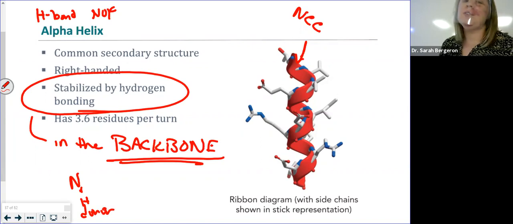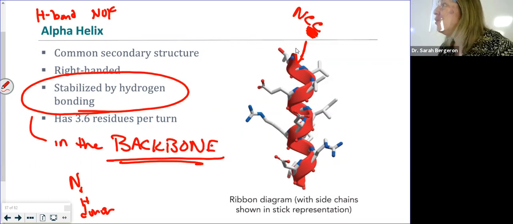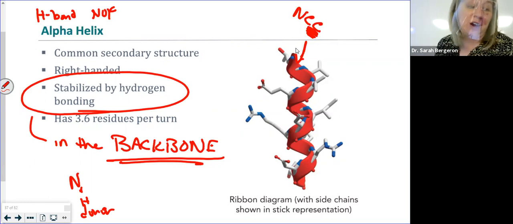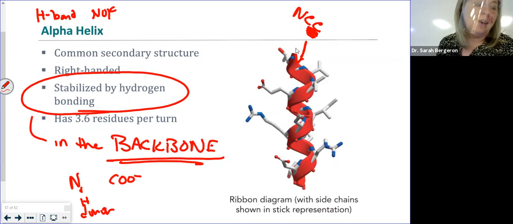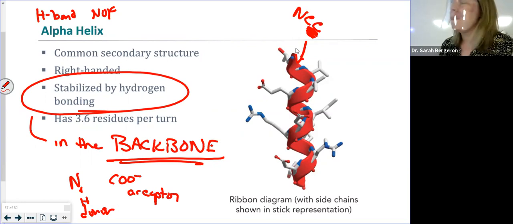Okay, so what can be the acceptor? What's on this carbon? We just say NCC, but that's not all it is, right? What's bound to this carbon? We have oxygens, electronegative oxygens, right? And we just do COO minus, that's our kind of shorthand for it. But this is the acceptor, right? So we can have this hydrogen bonding occurring in the backbone.